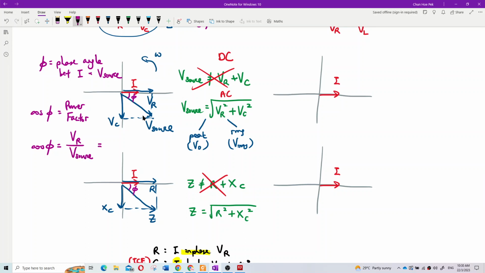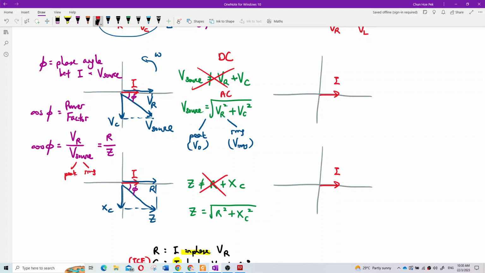Or it's also equal to resistance over Z. Sorry, this is resistance over Z. This can be peak or RMS value.